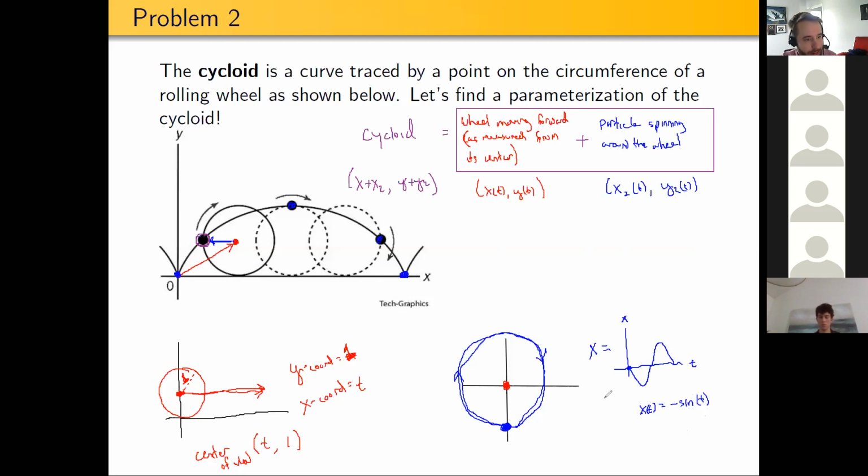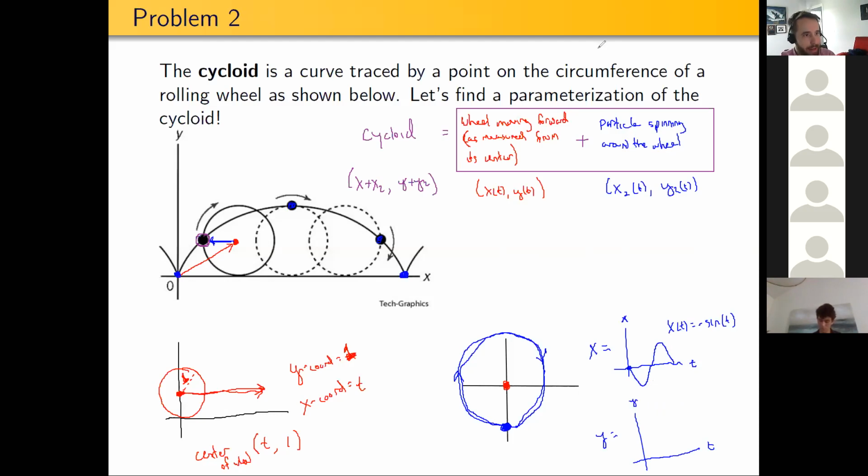Similarly, if we wanted to graph the y-coordinate, I'll write this up here to just give myself some more space. x of t equals negative sine of t. And then to graph our y-coordinate, right? We've got t, we've got y.